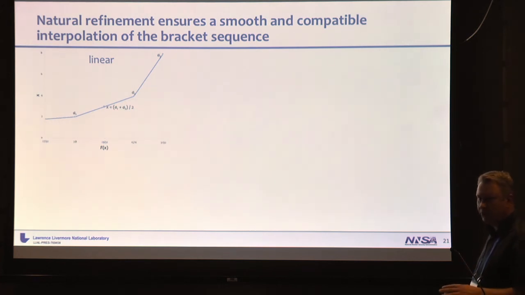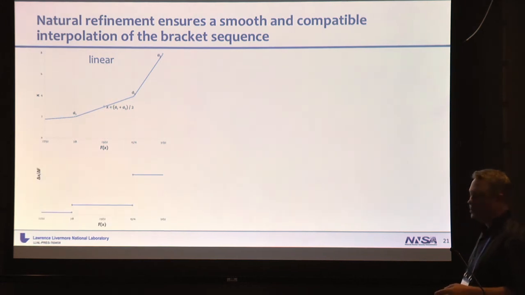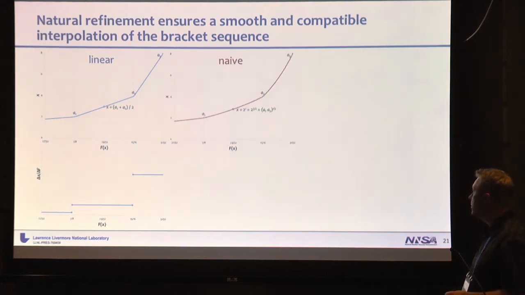The problem with this is that if you look at the difference between consecutive numbers, you get discontinuities as you go from one exponent to the next. That might not be something we want. We could do this somewhat naively by recognizing that these particular numbers can be expressed as x equals 2 to the i. We saw that in the previous slide. So why don't we just put in a fractional i and see what happens? Between a sub 1 and a sub 2, we could use a sub 3 halves, by just putting 3 halves in for i.